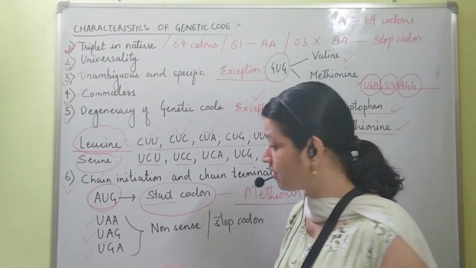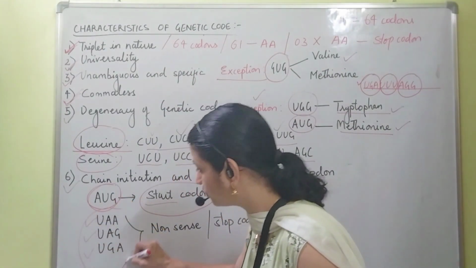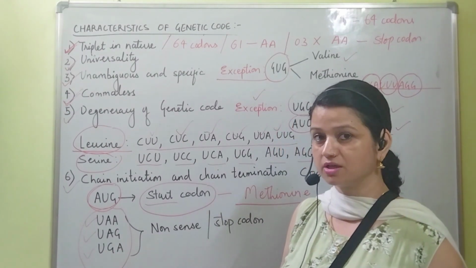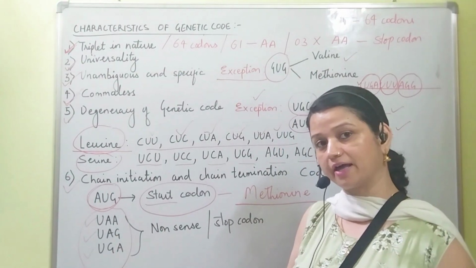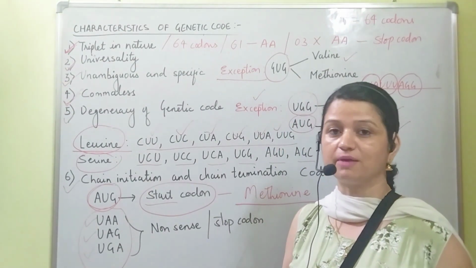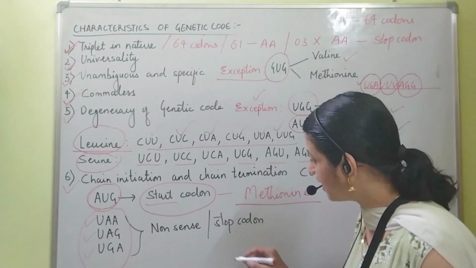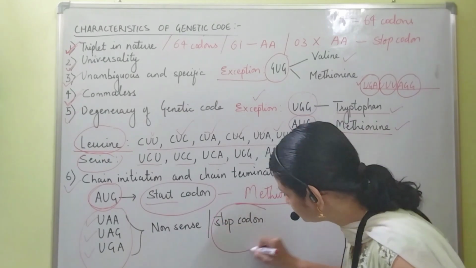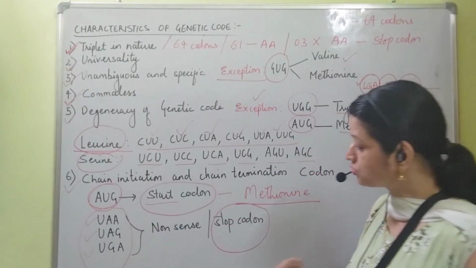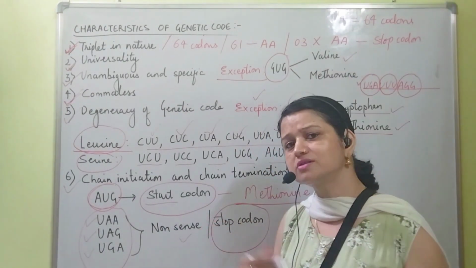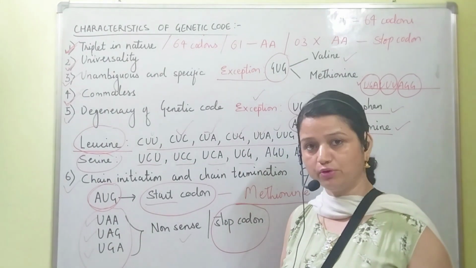My dear students, you have to remember these 3 codons. Whenever they come in messenger RNA, the synthesis of the polypeptide will be terminated, it will be stopped. So that's why it is known as a stop codon. It is also called nonsense because they do not code for any amino acid.